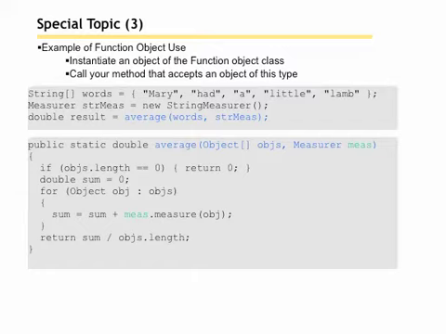That's the contents of our String array. Measurer strMeas equals new StringMeasurer. Measurer is the interface type and StringMeasurer is the class type. Then we have double result equals average(words, strMeas). So we're calling that average method, passing it our object array and our measurer object.